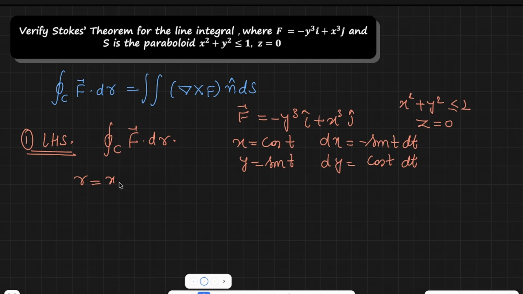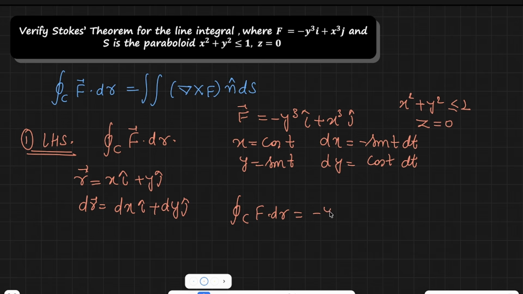R is going to be x i cap plus y j cap, because it is in 2D only, since z is 0 already given. So dr is dx i cap plus dy j cap. Once you solve this f dot dr, that is nothing but, with f as minus y cube, the integration of minus y cube dx plus x cube dy.